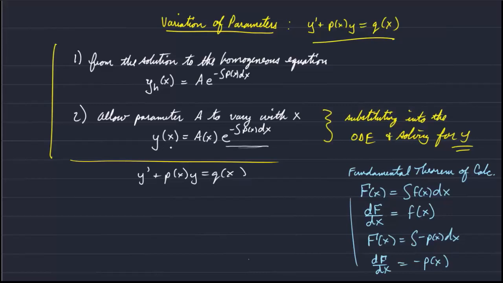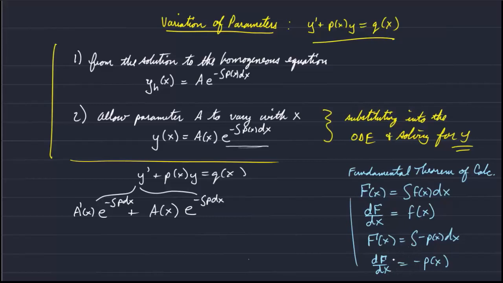So to take the derivative of this, first we have to take the derivative of a. So y prime becomes a prime times e to the minus integral of p dx. And then we have to multiply a times the derivative of this. So the derivative of this is just our original exponent back. And then we have to take the derivative of the term in the exponent, which is the derivative of minus the integral of p dx.